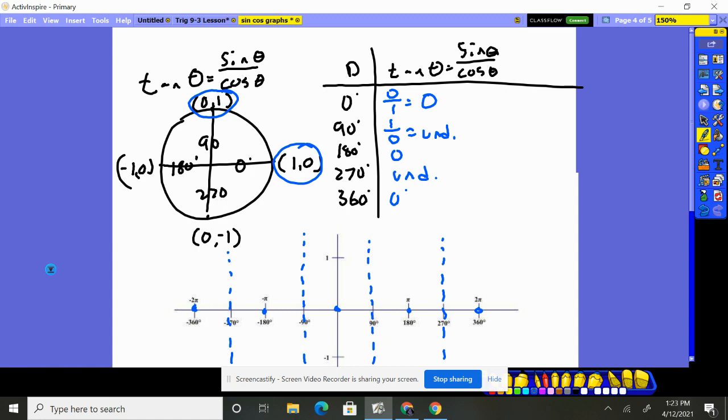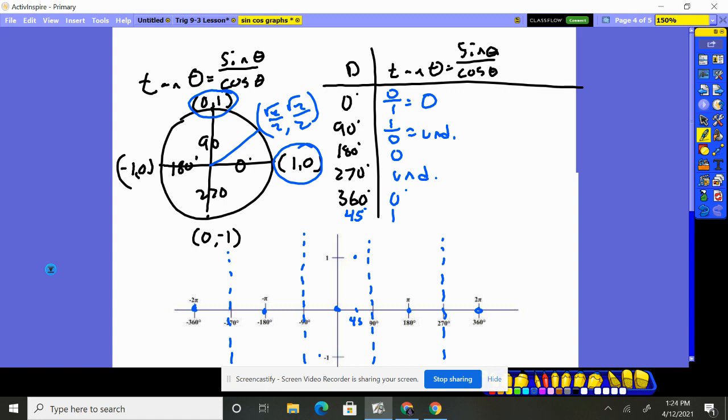Something's not right. Well, let's come in and do another degree. If we did 45 degrees, remember that's √2 over 2, √2 over 2. So it'd just be √2 over 2 divided by √2 over 2, which would give you 1. So when you're here at 45 degrees, you're going to be at 1. At -45, you're going to be here at -1.